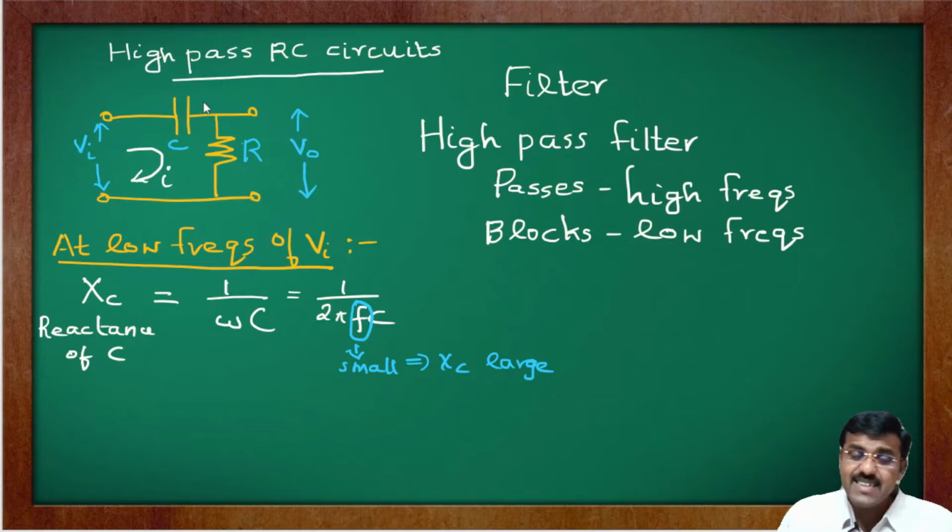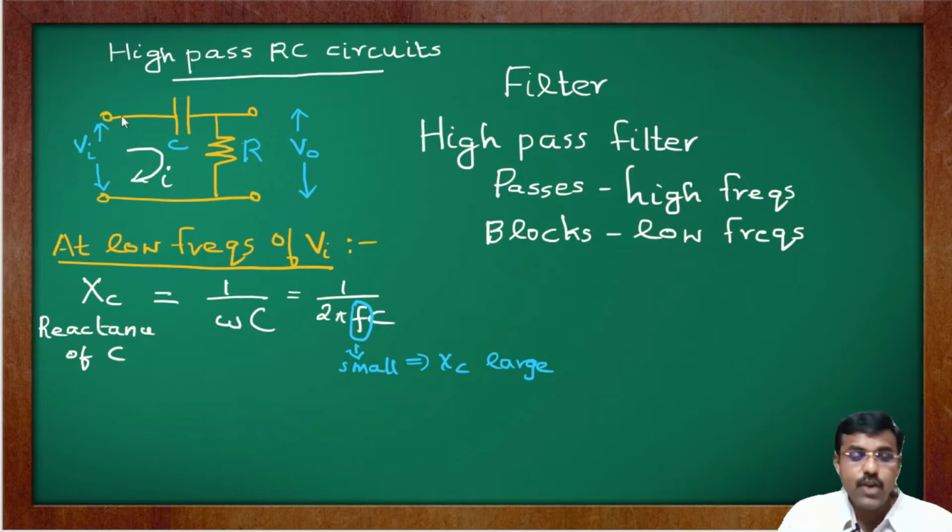Since the reactance is very large, the majority of the voltage will drop across the capacitor. You know KVL, Kirchhoff's voltage law. Whatever Vi you apply will drop across the capacitor and the resistor, since you have only two elements here.